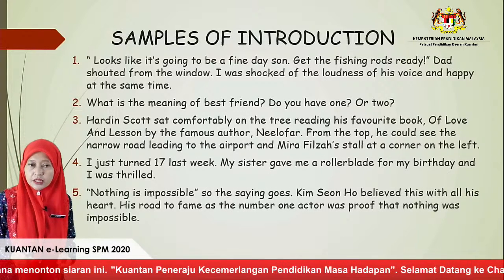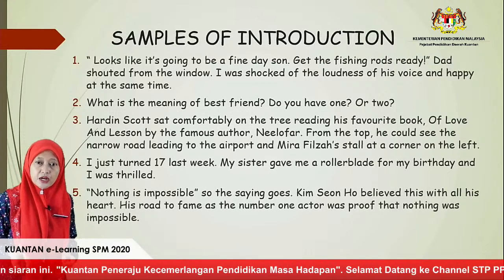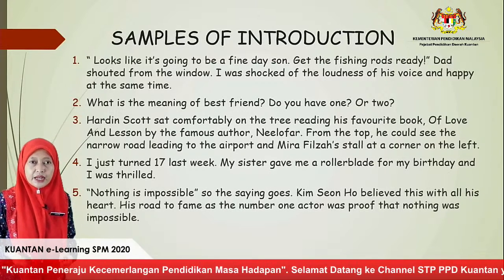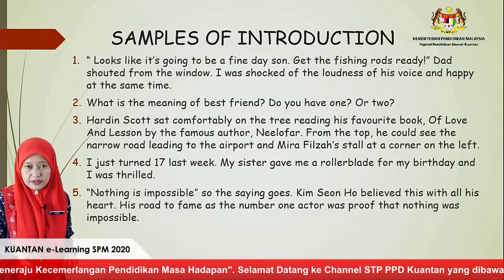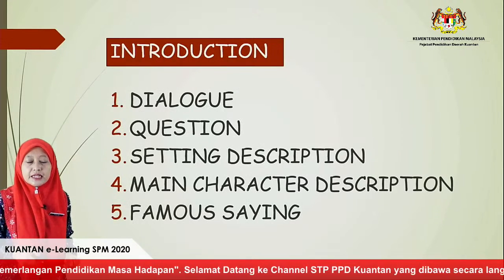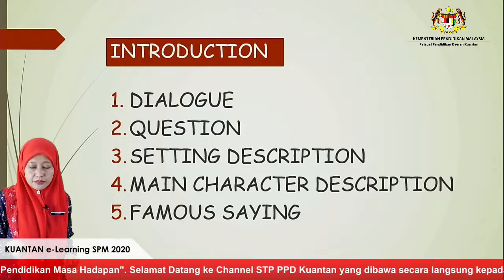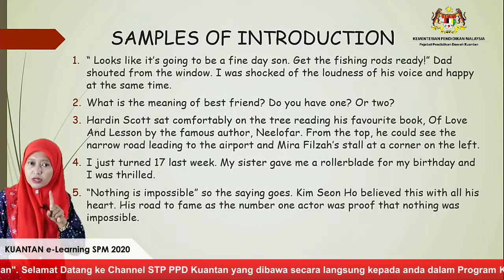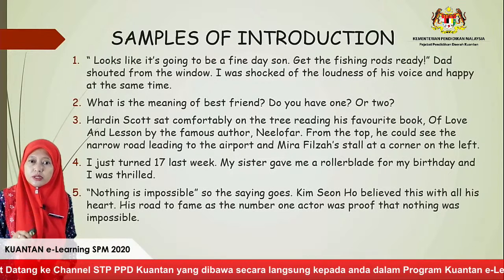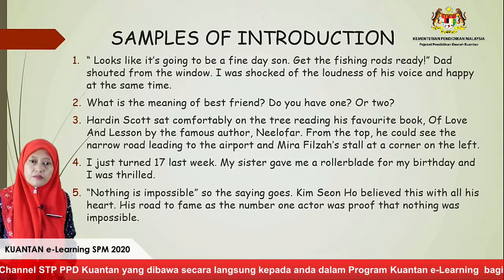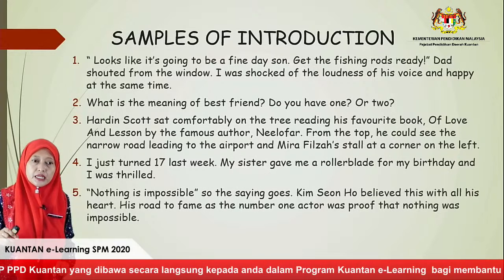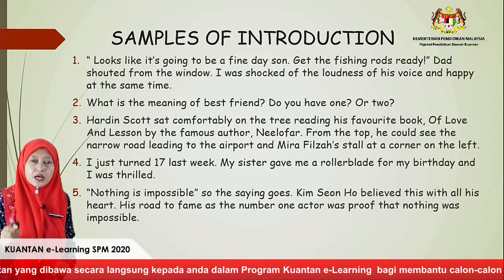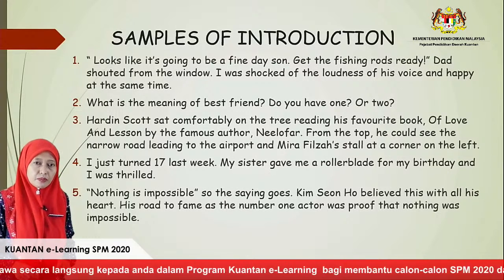Okay. Number 4, I turned 17 last week. Okay, I'm not 17. My sister gave me a rollerblade for my birthday and I was thrilled. What is that? That is main character descriptions. You know the main character is young, only 17. You know the main character is thrilled when he or she was given a rollerblade. You know what is a rollerblade?